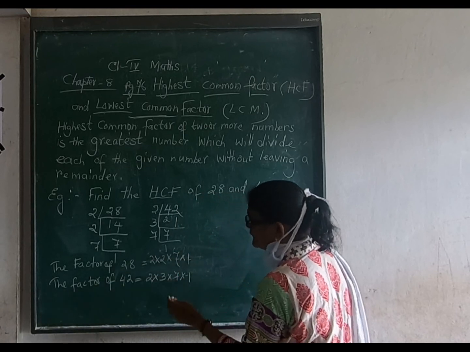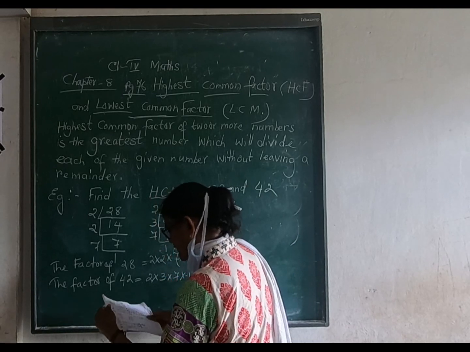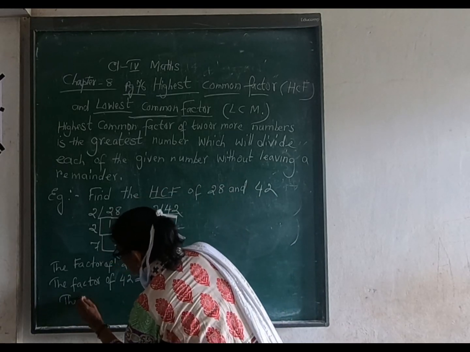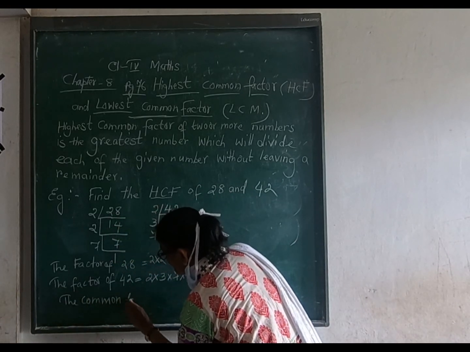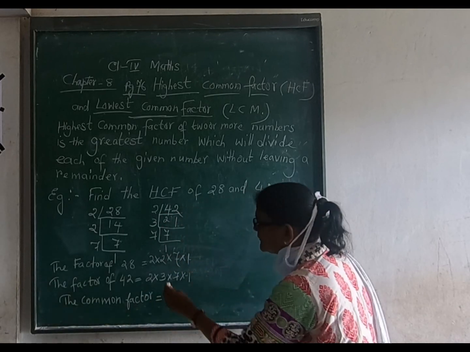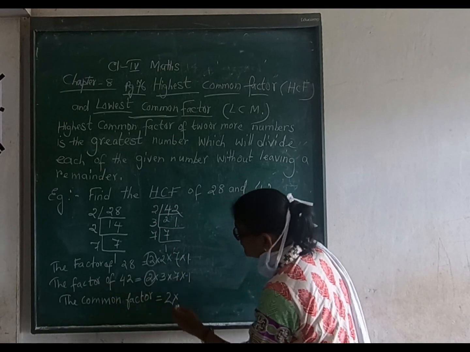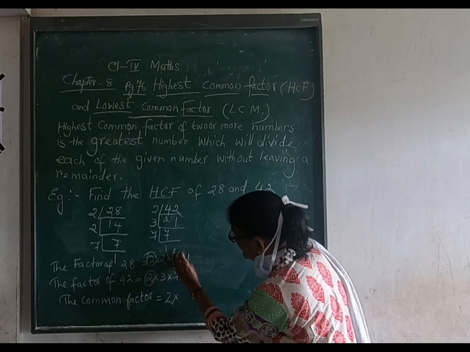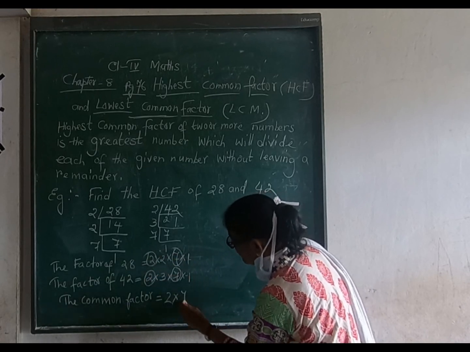So you see here, now the common factor is what? The common factors of these two numbers are 2 and any more? Yes, 7. 2 and 7 are the common factors.